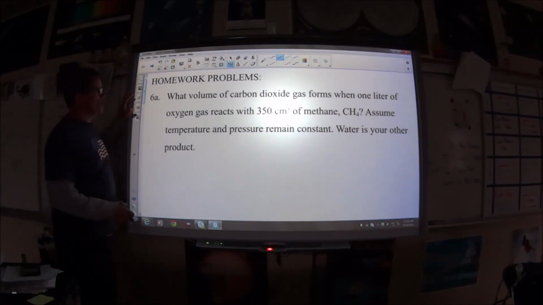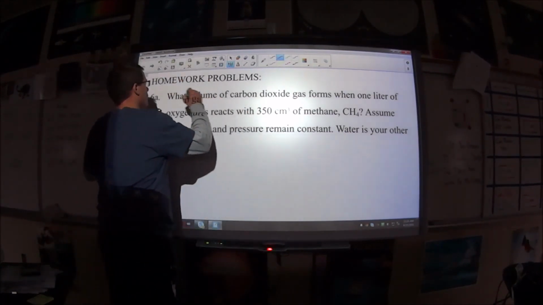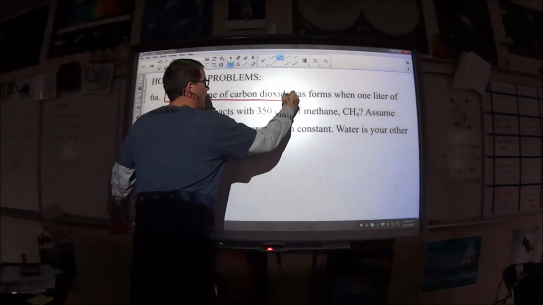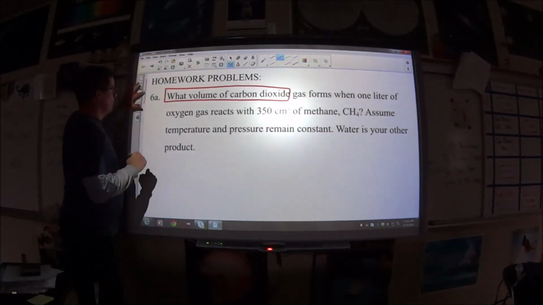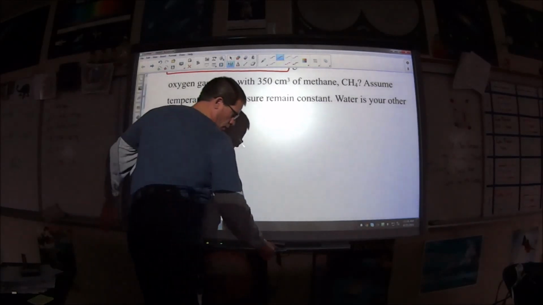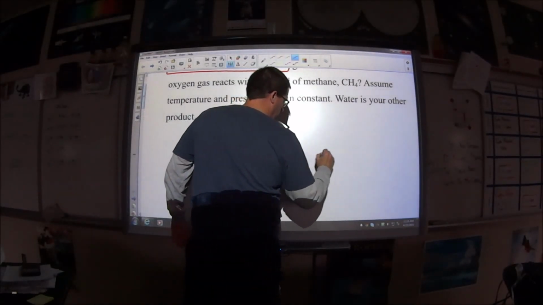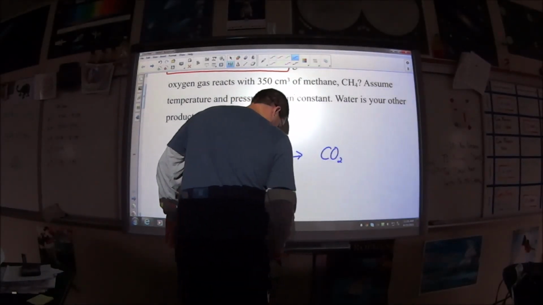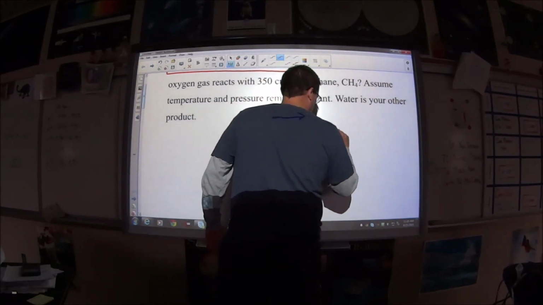Let's write down the information that we know. It wants to know, what volume of carbon dioxide will form here? So I'm going to put carbon dioxide and question mark volume.